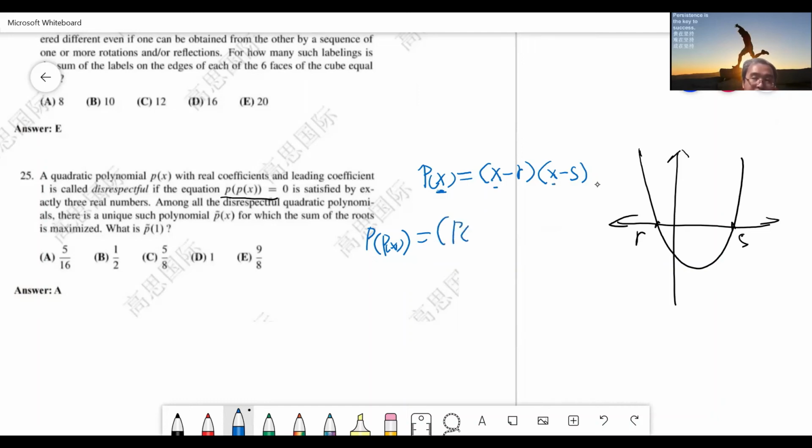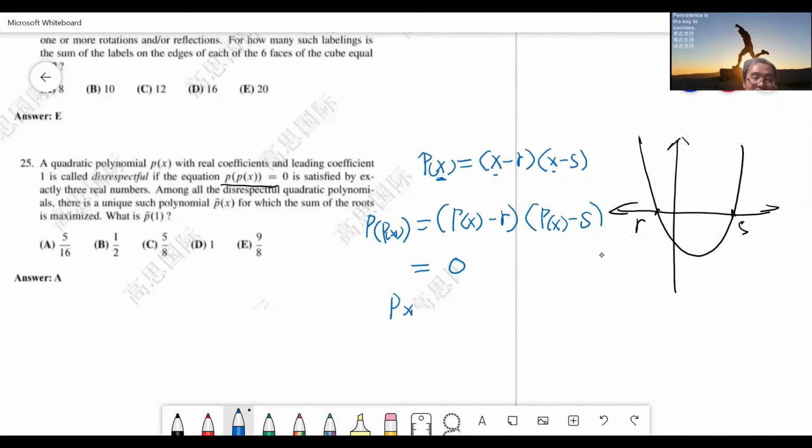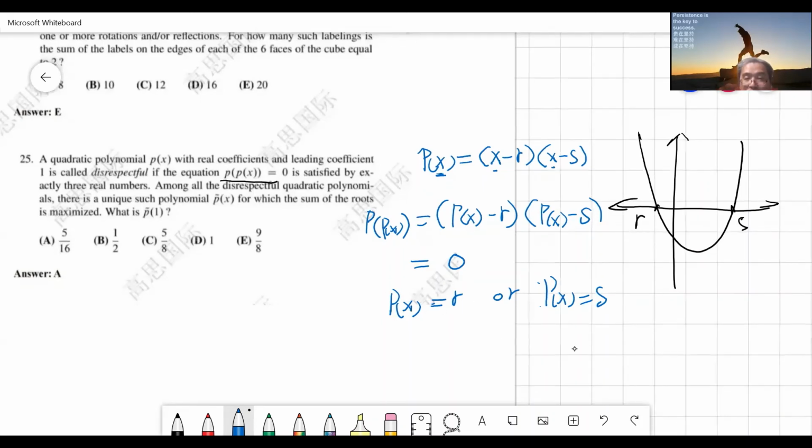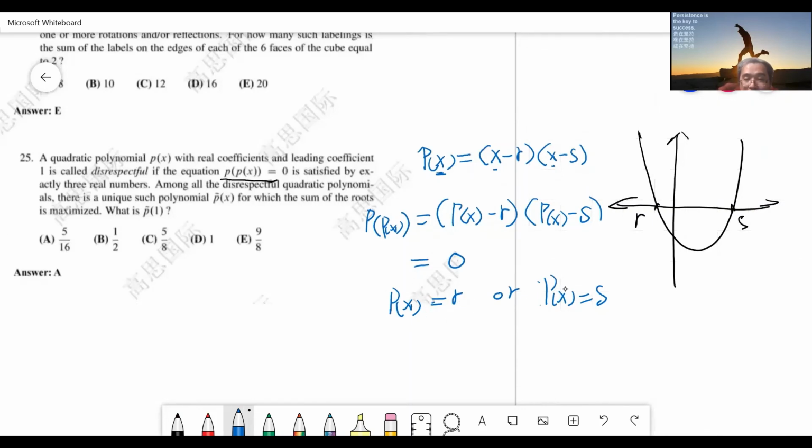So that is (P(x) minus r)(P(x) minus s) equal to 0. This tells us P(x) minus r equals 0, or P(x) equals r, or P(x) equals s.